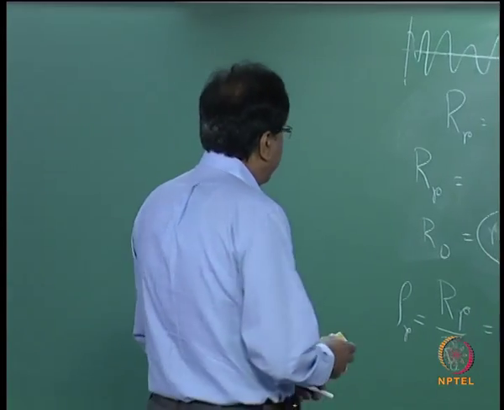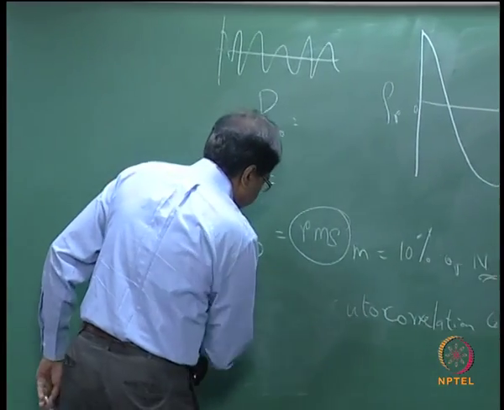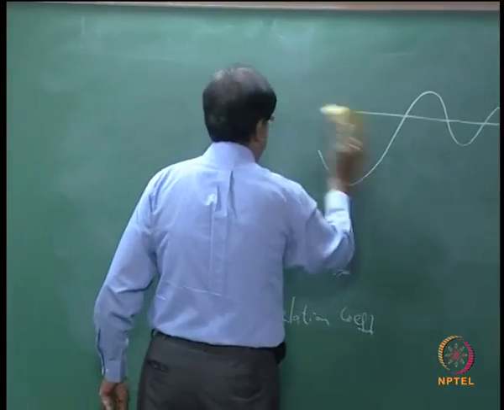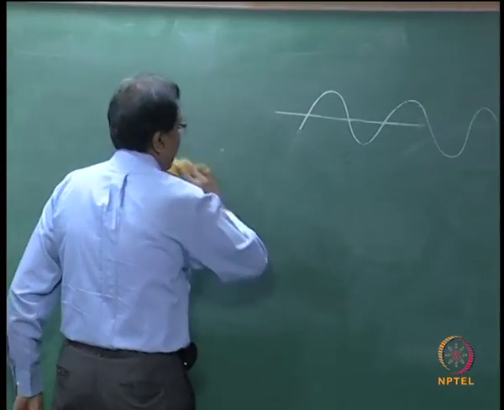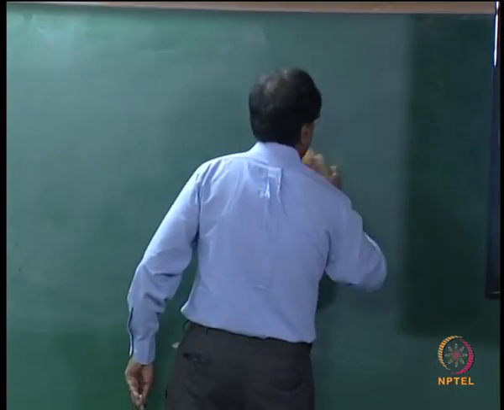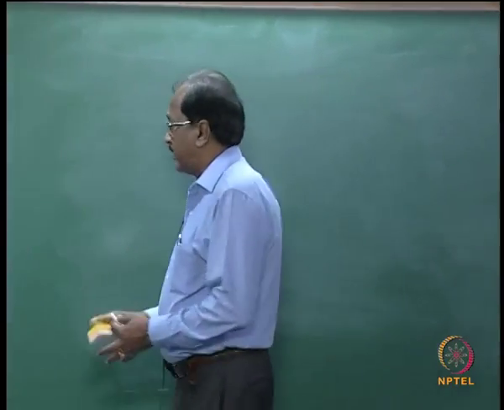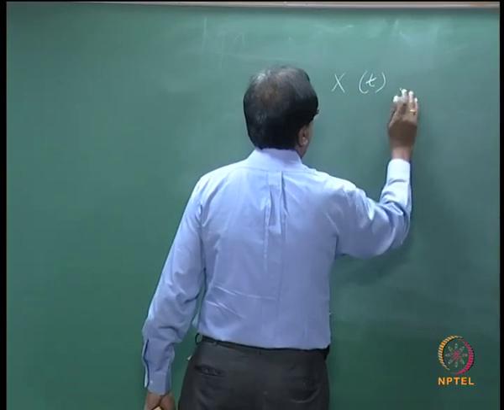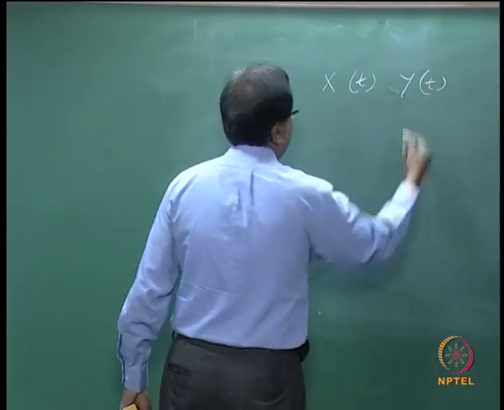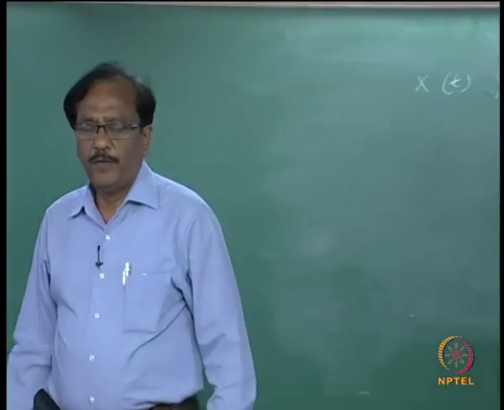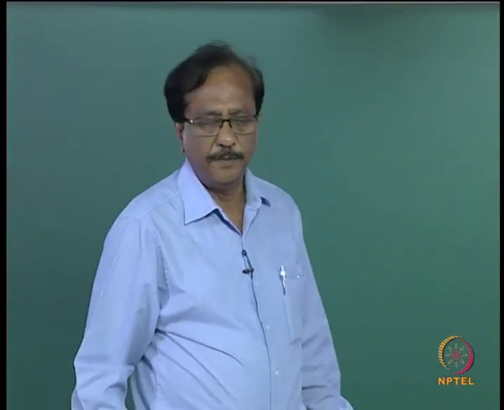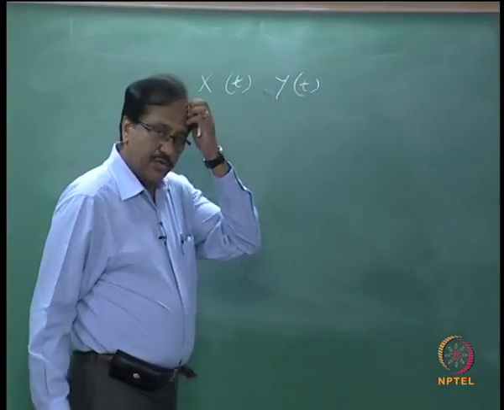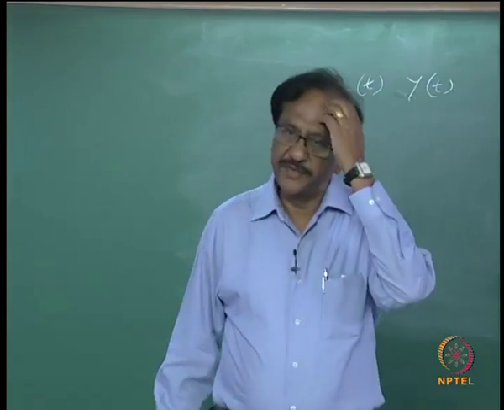So such information you can arrive at from the autocorrelation coefficient. The other aspect which I am not going to cover, but you need to be aware of, is mostly the cross correlation. In cross correlation, you want to correlate two variables, maybe wave and force, and see how well they are correlated. All that information can be obtained.